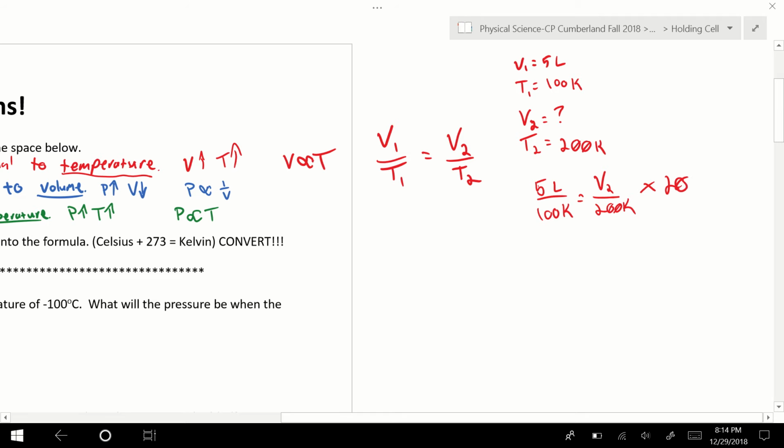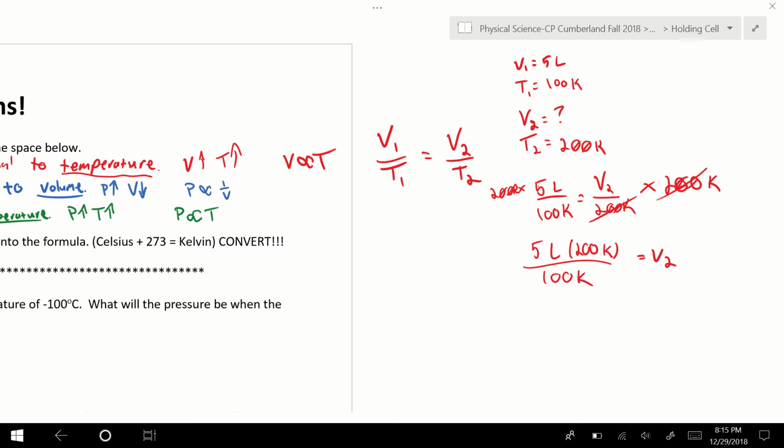Multiply by 200 Kelvin, that cancels that. So 5 liters times 200 Kelvin over 100 Kelvin will equal volume 2.